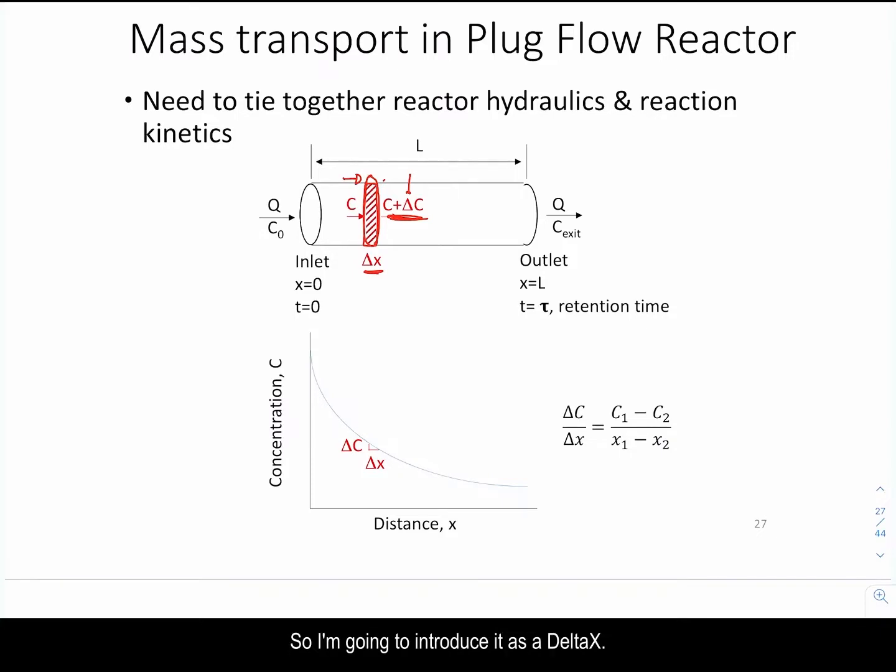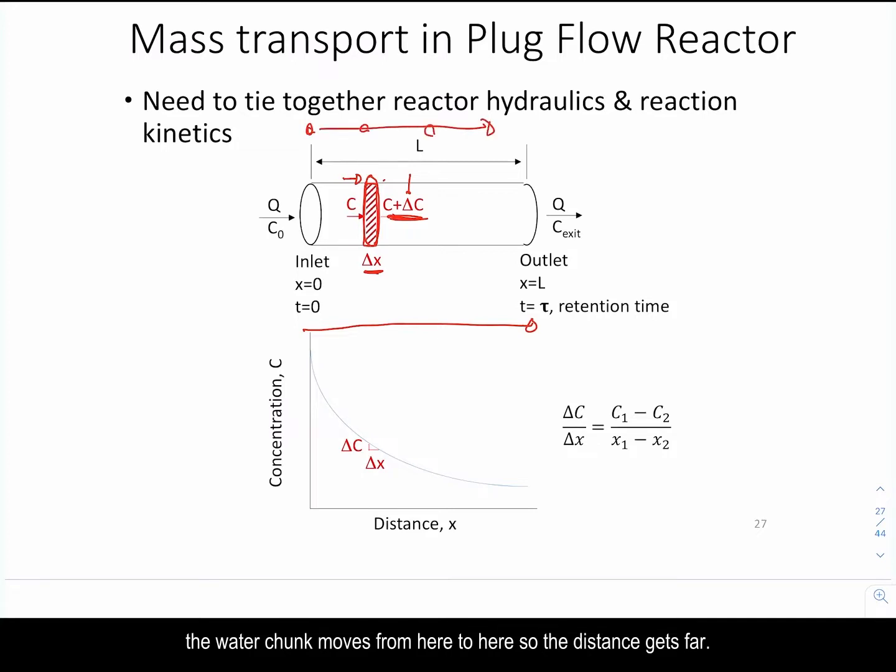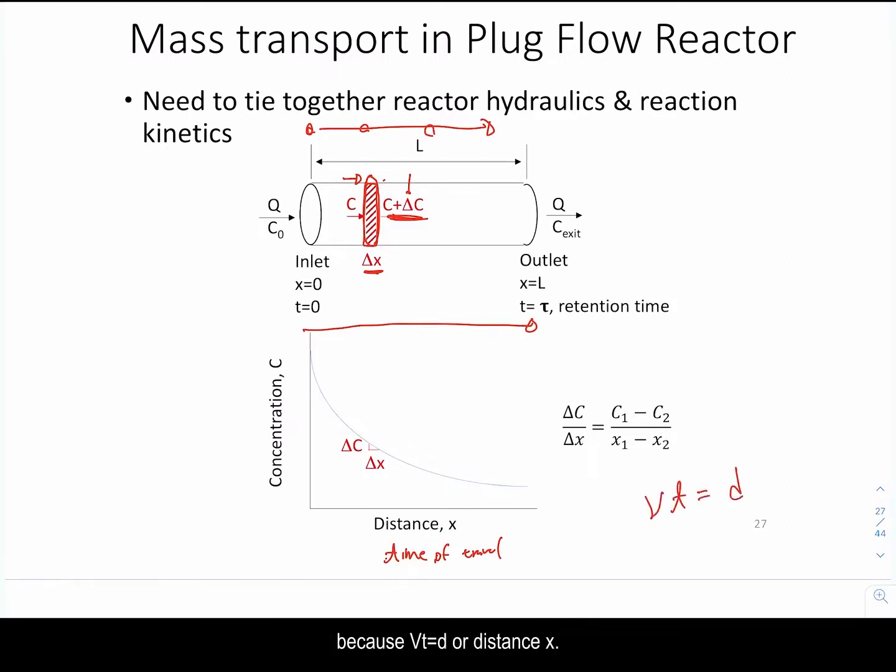And as the water travels here, the time passes, right? And as the time passes, the water chunk moves from here to here to here, so the distance gets farther. So you can say this as a time of travel, but you can also say this as a distance, because Vt will basically be equal to d, or distance x, right?